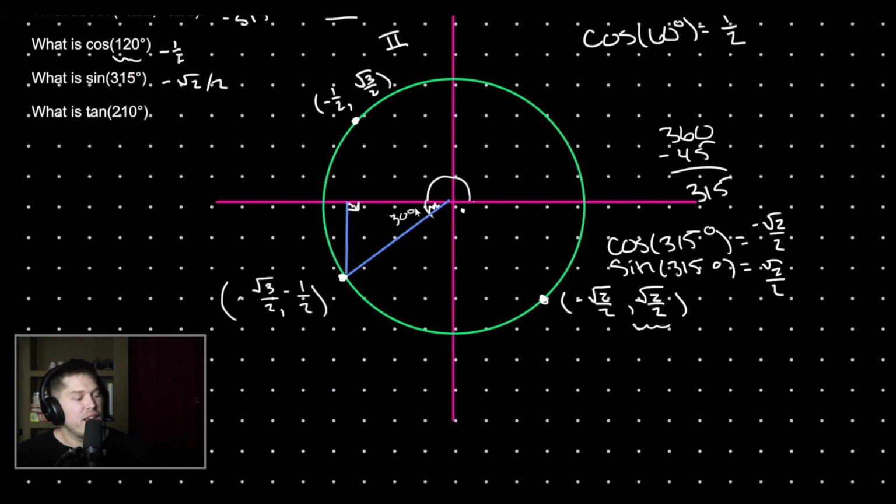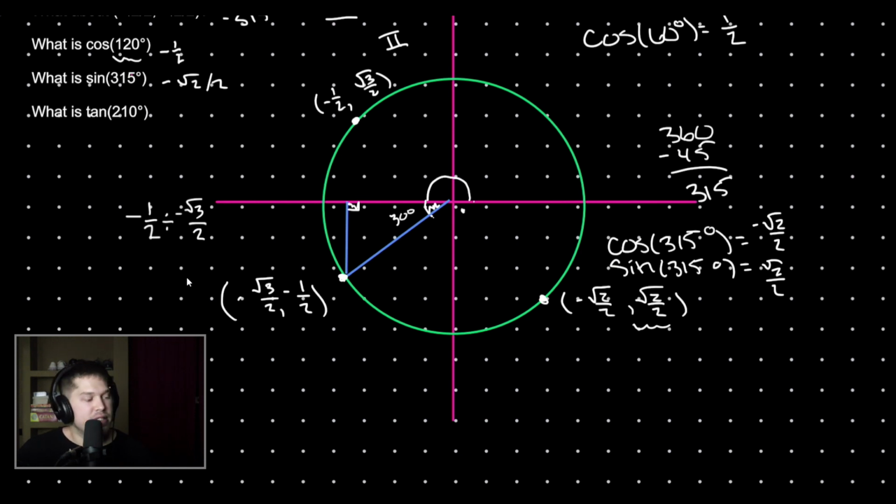Okay, excellent. And then we want to find tangent. Well, how do we find tangent? Well, we know tangent is just sine over cosine. So we're going to take our sine value, which is negative 1/2, and divide it by our cosine value, which is negative root 3 over 2.